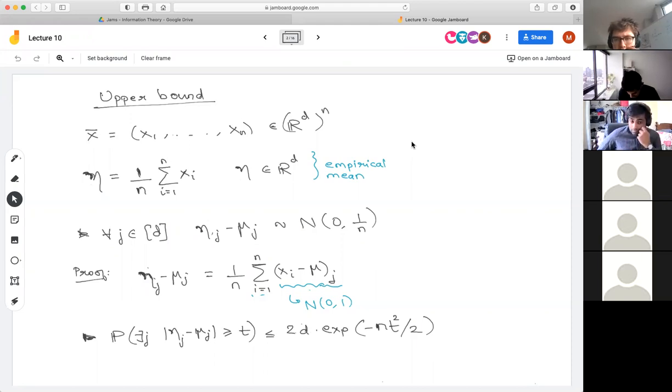So one possible thing could be that we just pick mu hat to be the largest entry of eta.